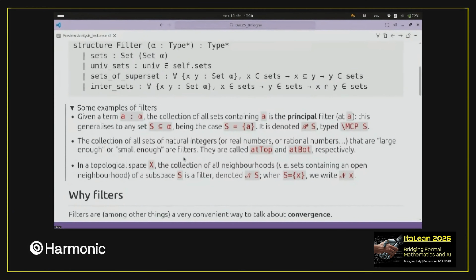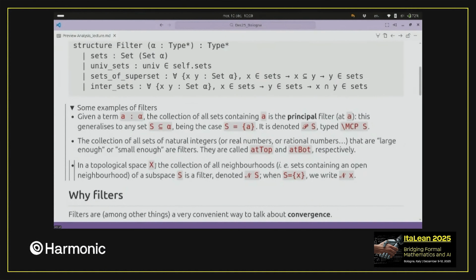And by neighborhood here, I mean something that contains an open neighborhood of your given point. So why am I asking for all neighborhoods? For the good reason that if something contains an open that contains your point, these bigger things might not be open anymore. It might be a closed set that contains an open. But since for a filter you need things to be upwards closed, you cannot do better than this.